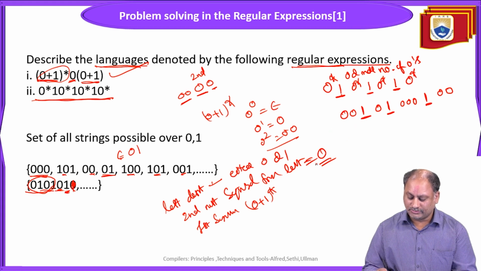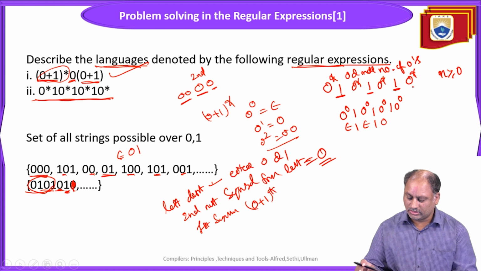So for example, if you observe, let us say the first 0 if you take, star means n greater than or equal to 0. So first, if n equals 0, then 0 power 0, 1, 0 power 0, 1, 0 power 0, 1, 0 power 0. So epsilon 1 epsilon 1 epsilon 1 epsilon.